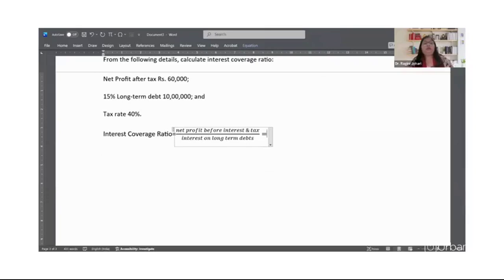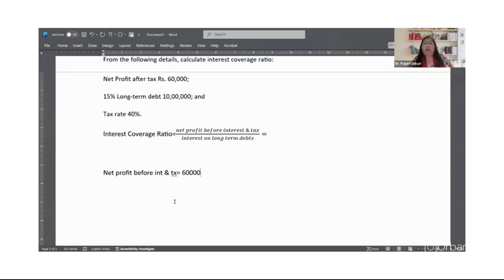Let's do it. First is net profit before interest and tax. We are given net profit after tax, so we need to do some calculation to find out net profit before interest and tax. We have 60,000 here.